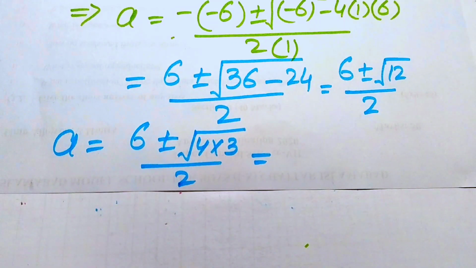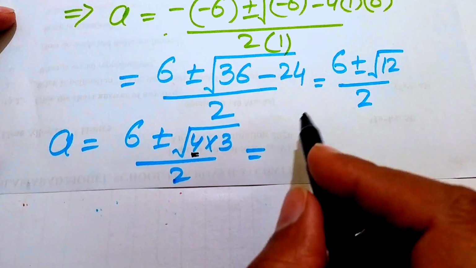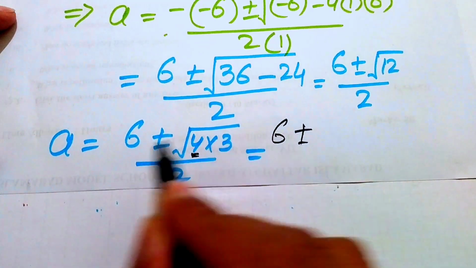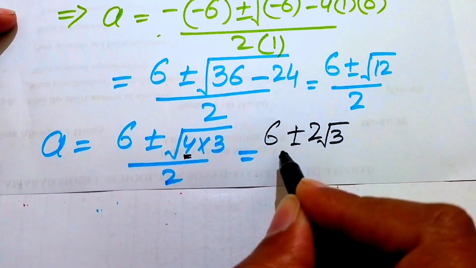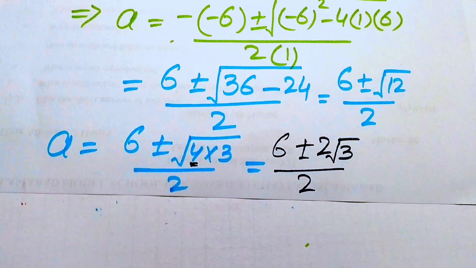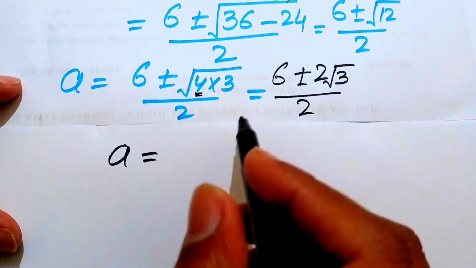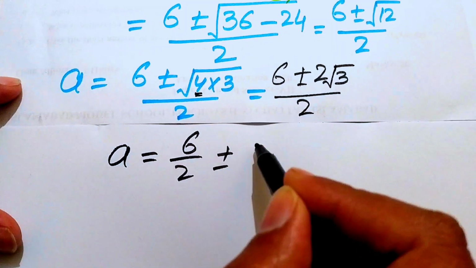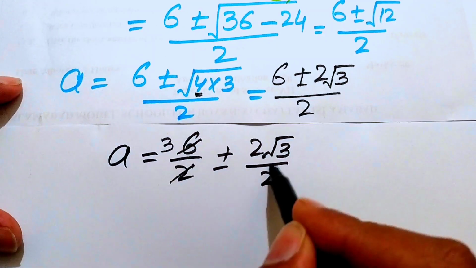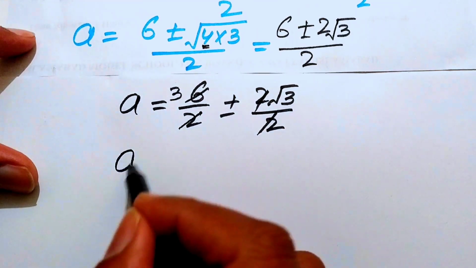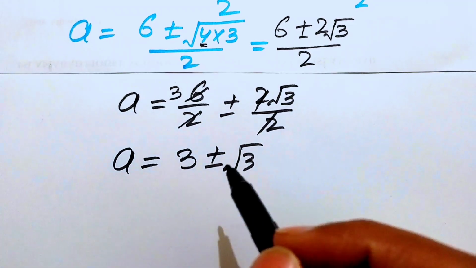The square root of 4 equals 2, and the square root of 3 stays square root of 3, and this whole is divided by 2. Now we separate these terms and we get a equals 6 over 2 plus minus 2 times square root of 3 over 2. Here 2 threes are 6, and these 2 and 2 cancel each other, and we get the value of a equals 3 plus minus square root of 3.